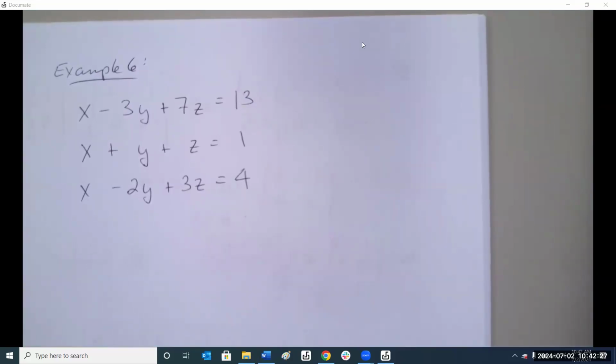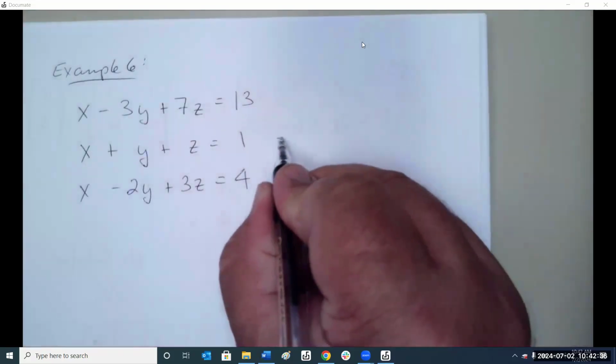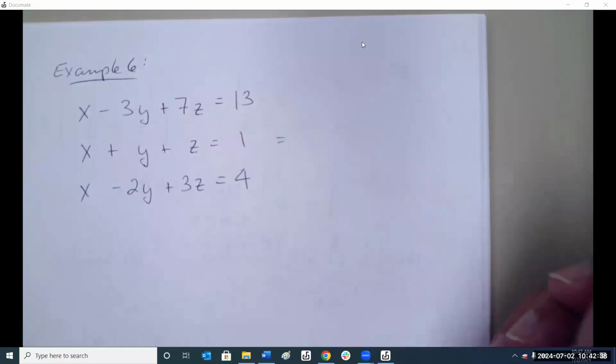If you were to use elimination and substitution, this would take you about an hour with a lot of writing. This one is just a matter of multiplying and subtracting.